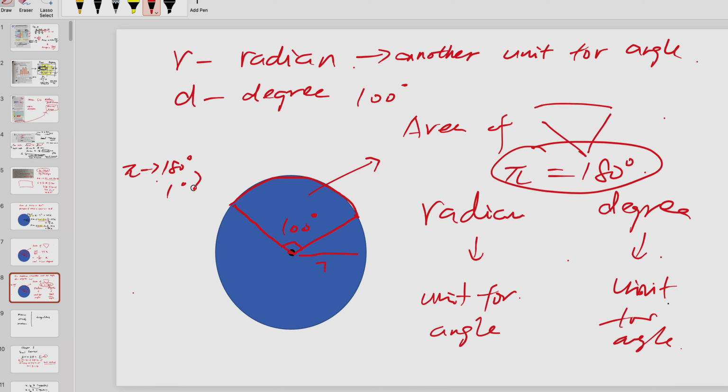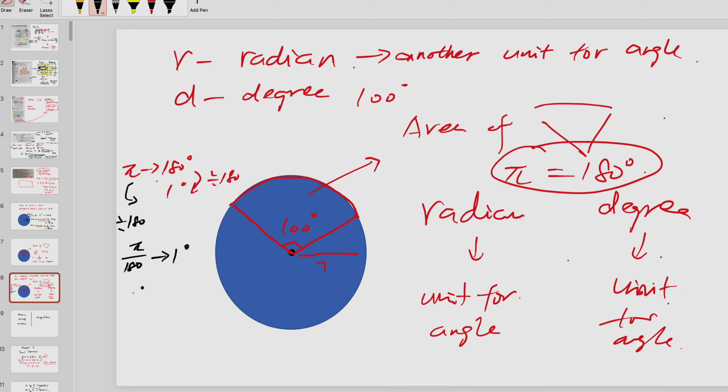So over here you divide by 180 to get 1 degree. Similarly your pi also must be divided by 180. So 1 degree is actually pi over 180.